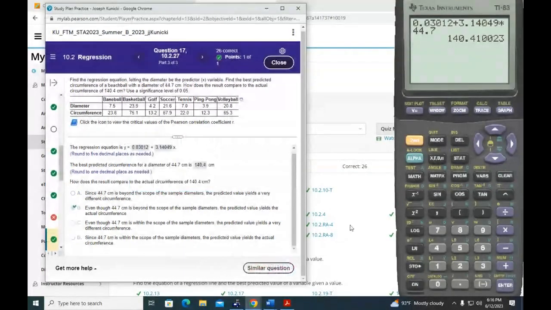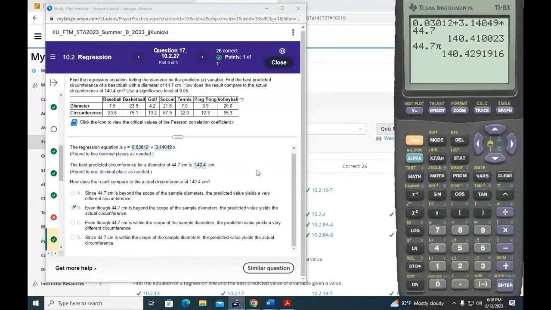And you know why that is? Because 44.7 times pi is 140.4 to one decimal. And pi is a crazy number. So this is a case where they had some really good measurements.